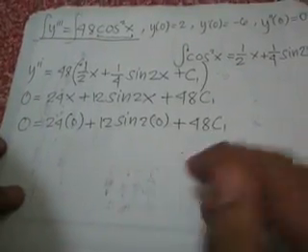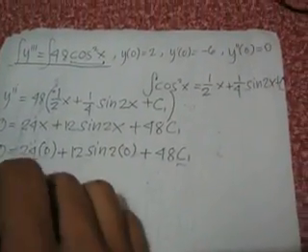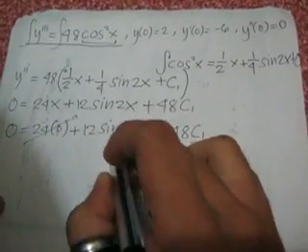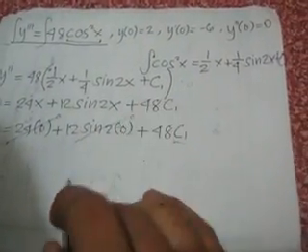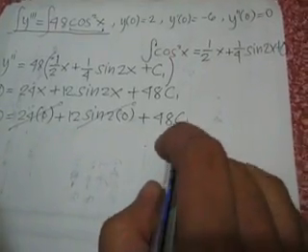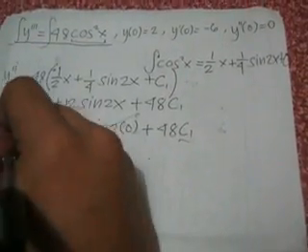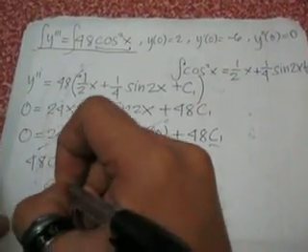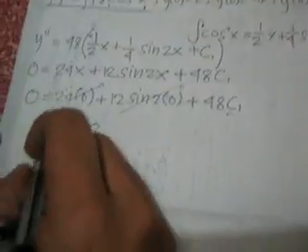From this, we could get the value of c1. Sine 0 is 0, plus 48 c1. So 48 c1 is equal to 0. So c1 is equal to 0.